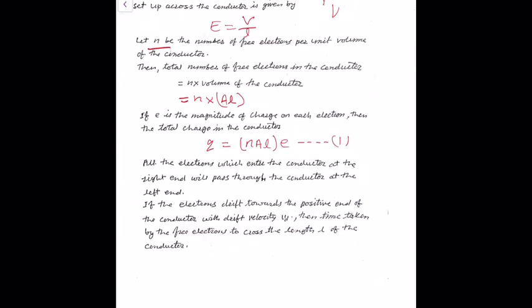All the electrons which enter the conductor at the right end will pass through the conductor at the left end if the electrons drift towards the positive end of the conductor with drift velocity Vd.